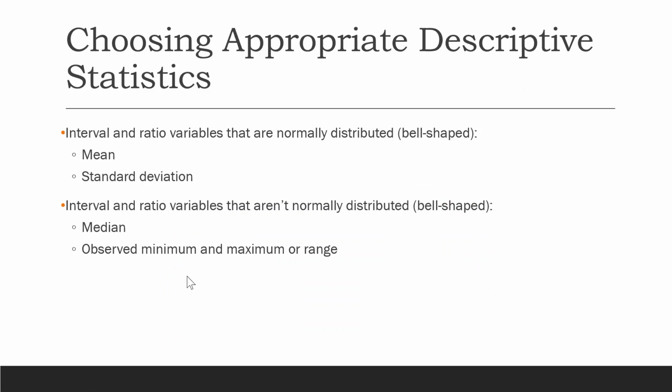This is why we want to report the median versus the mean. Means are highly influenced by extreme values, and those extreme values are more likely to occur in data that are not normally distributed, that are not bell-shaped. So if I see a graph that's skewed, report the median, minimum, maximum, or your range.